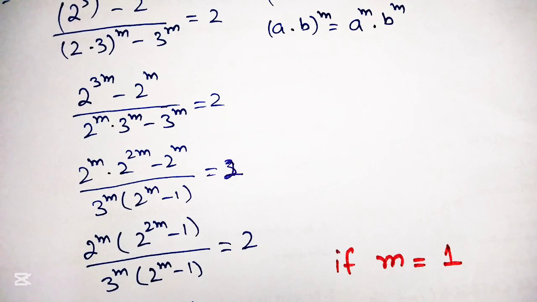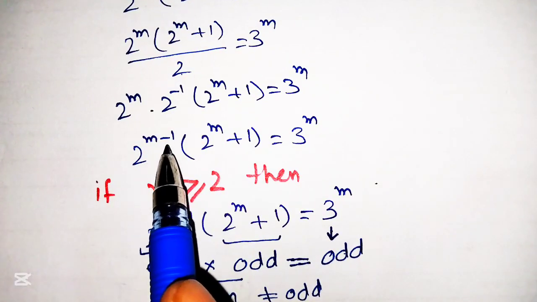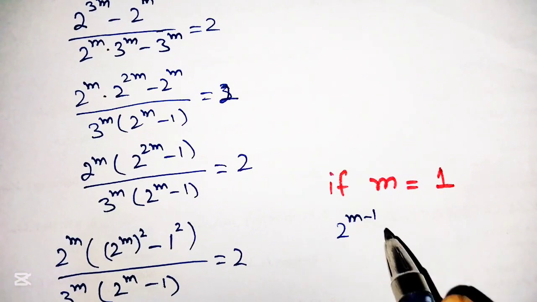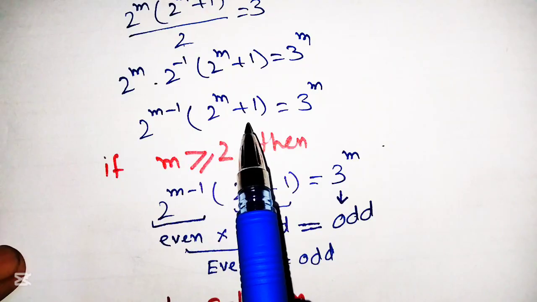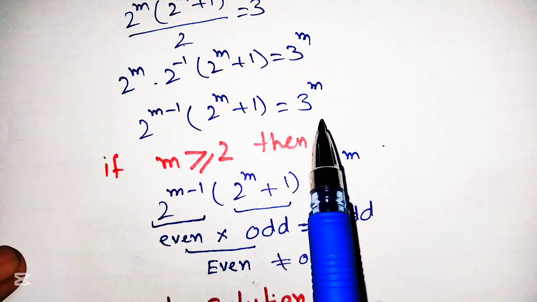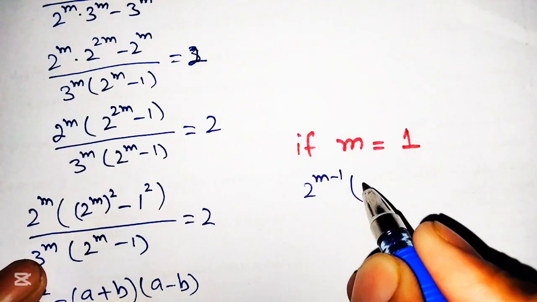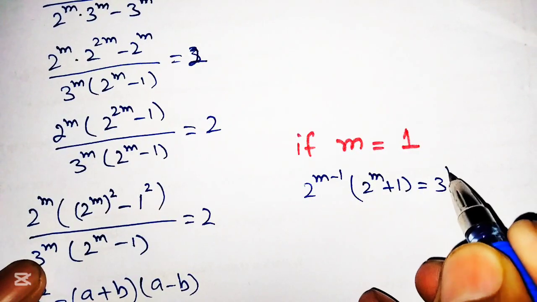For m equal to 1, the given condition will be the final simplified form of the equation: 2 raised to power m minus 1, times 2 raised to power m plus 1, is equal to 3 raised to power m.